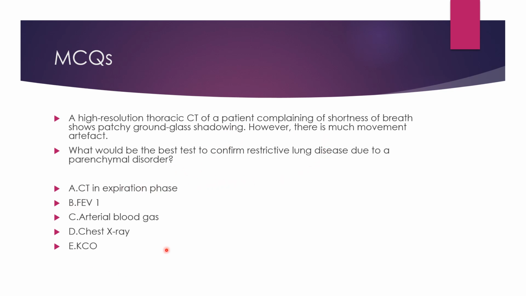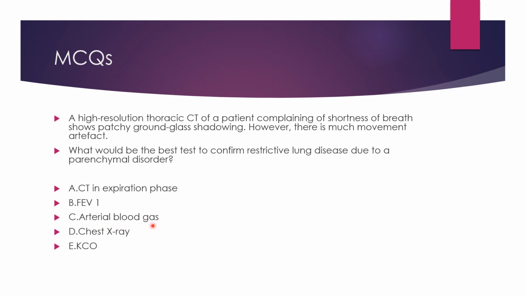So coming to the options, the CT in expiration phase usually shows air trapping in COPD patients. So this is not related to the restrictive lung diseases. And FEV1 is the forced expiratory volume in 1 second. So with FEV1, mainly the obstructive airway diseases can be diagnosed.